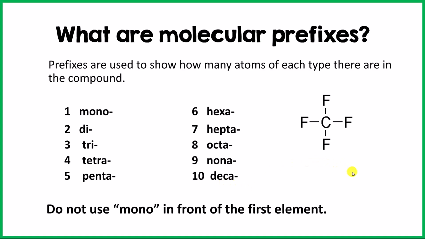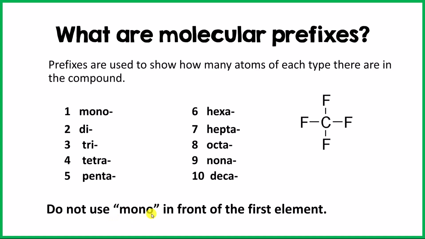We do not use mono in front of the first element. So if there's only one atom of that element, then we are not going to put mono in front of the first element. Generally, we start with whatever the central atom is in our naming. So if we're looking at this molecule here that has 1 carbon atom and 4 fluorine atoms, we are going to start with that central atom of carbon, and there's only 1 carbon.